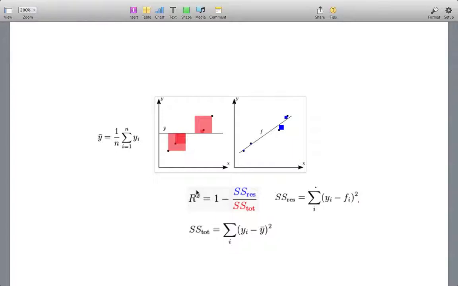R squared could also equal 0. Well, if R squared equals 0, that means that the sum of the squares of the residuals divided by the sum of the squares of the total area for the red boxes here, this entire fraction is equal to 1. Well, if this entire fraction is equal to 1, that means that the sum of the squares of the residuals, or these blue boxes, are no better a predictor than these boxes here in red.